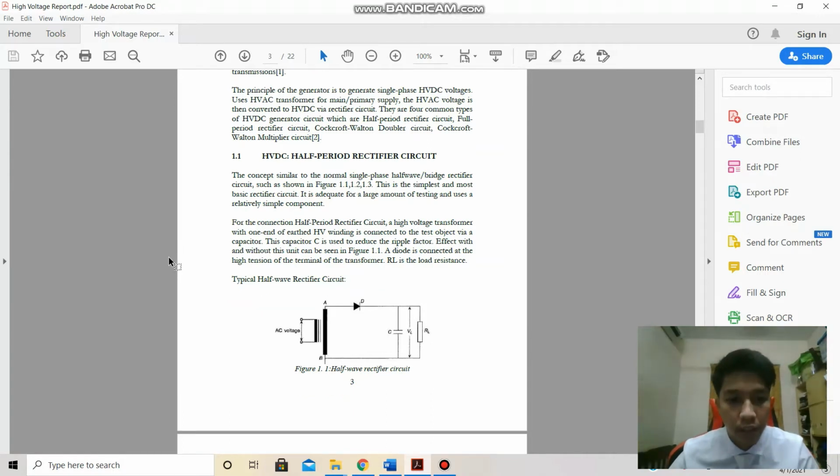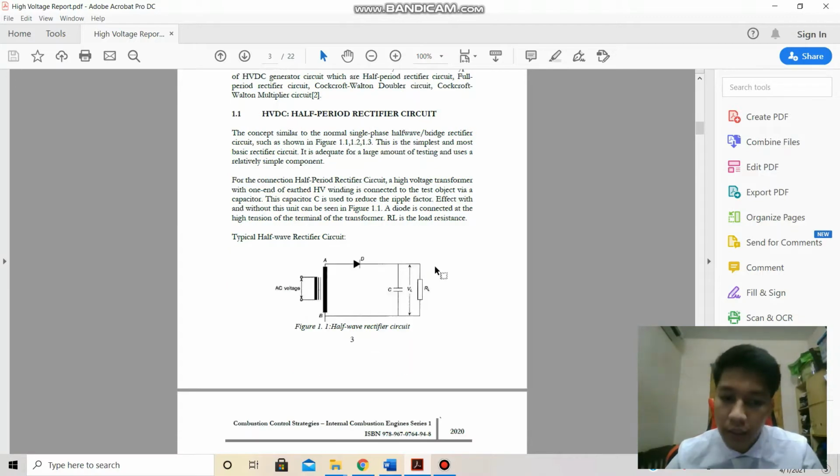For the connection of the half period rectifier circuit, a voltage V1N and the high voltage winding are connected to the test object via a capacitor, and the capacitor is used to reduce the ripple factor. The effect with and without this unit can be seen in this figure. The diode is connected at the high tension terminal of the transformer. You can see RL is a load as a resistance.